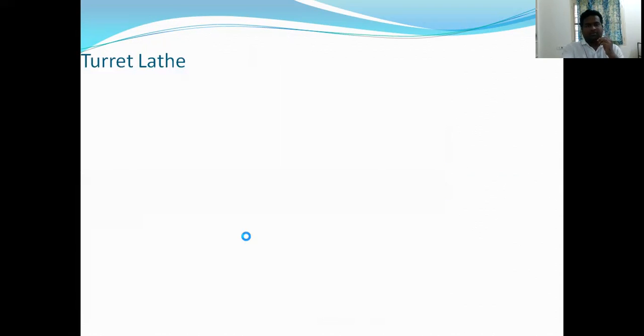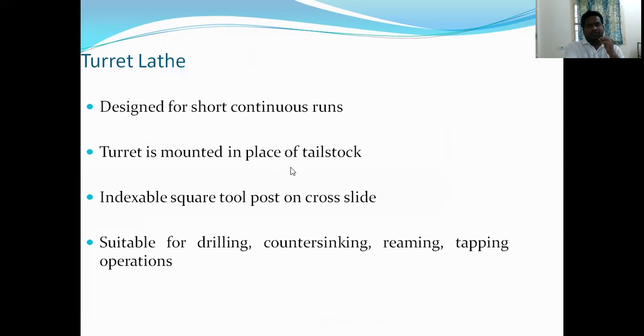In that turret magazine, we have different types of tools fixed, right? Why is the turret lathe designed? It is designed for short continuous runs. The turret is mounted in place of the tailstock.